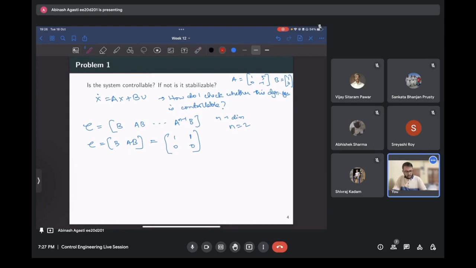Okay. So then further, how do we know whether the system is controllable from this controllability matrix? A given linear system is controllable if the rank of C is full, that is equal to the dimension of the system. So here, what is the rank of this matrix? What is the rank of this controllability matrix that we found out for the given system?